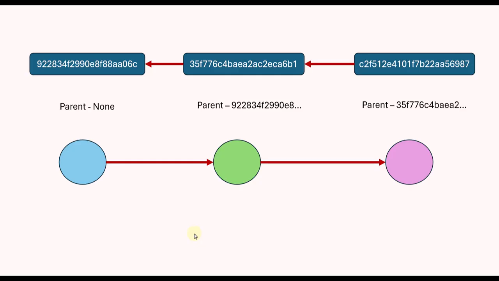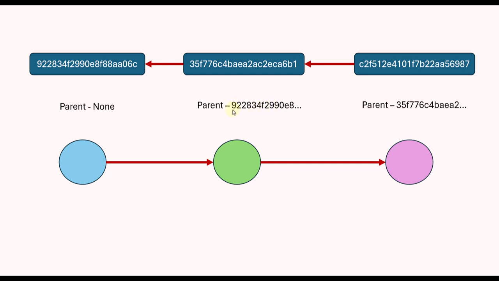So we have made 3 linear or sequential commits, one after another. Each commit is uniquely identified by this alphanumeric identifier. Another aspect which is important to remember if you want to form a proper mental model of how Git commits work is that along with this unique identifier, Git also has a reference to the parent commit.